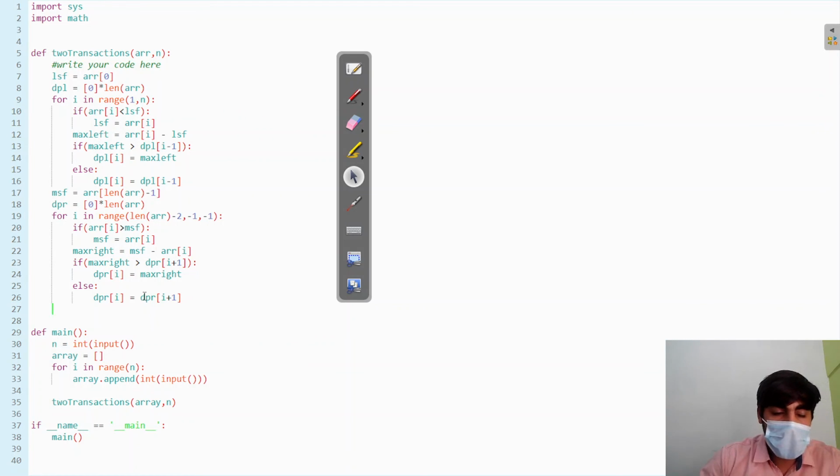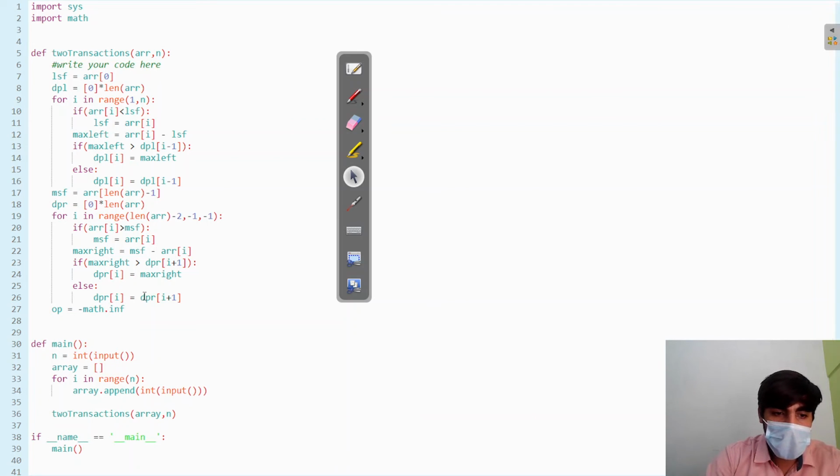Now both iterations are done, now talk about our original profit, which is initially minus math dot INF, infinity. Now I am iterating over both the arrays and finding the maximum one, in range of n, and checking the condition.